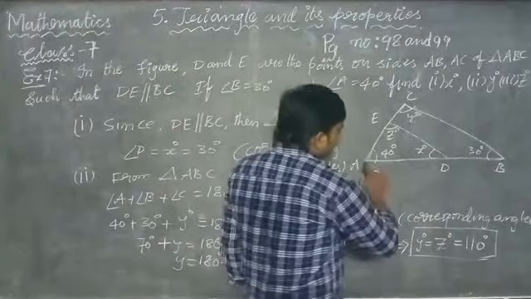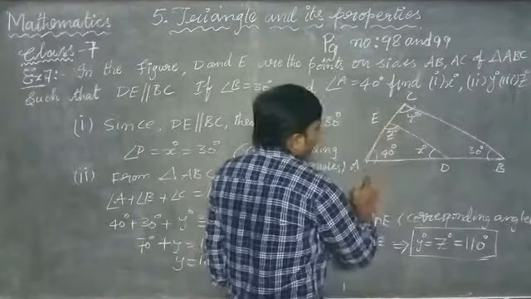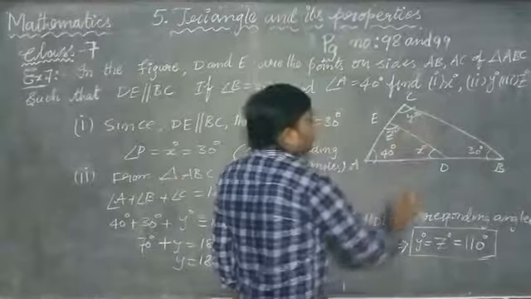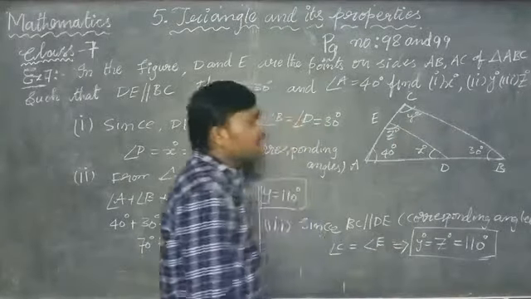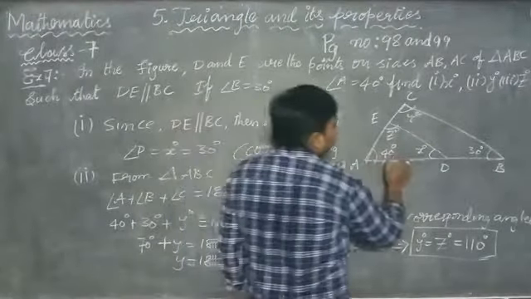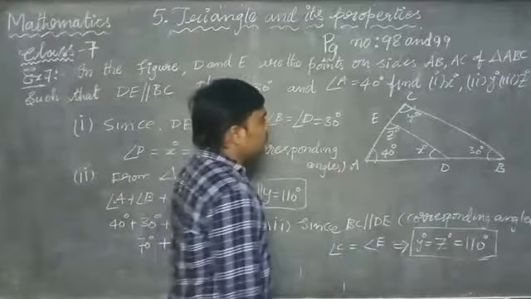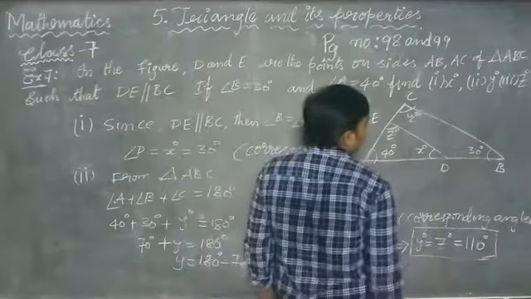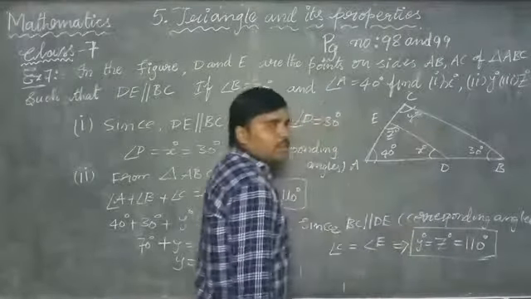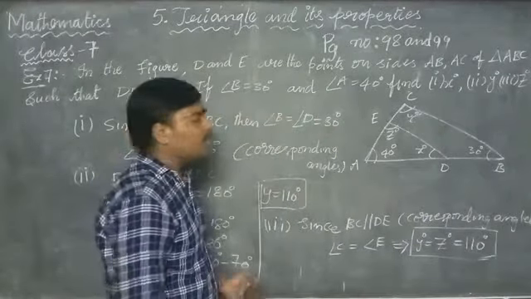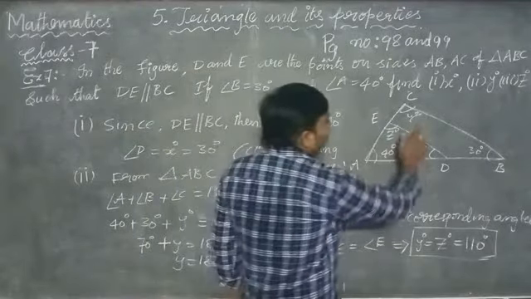In triangle ABC, with 40 degrees and 30 degrees, the remaining angle from the angle sum property: all three angles add up to 180 degrees. So y plus 70 degrees equals 180 degrees, then y equals 110 degrees.